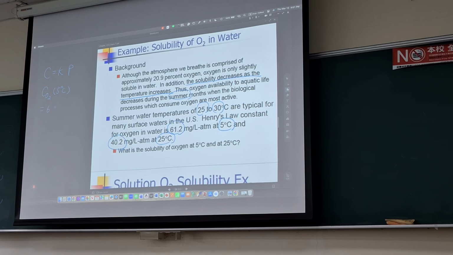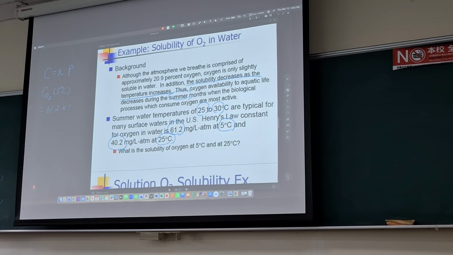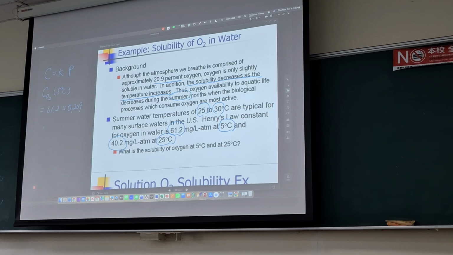So it's super easy. 61.2 times 20.9%, which is 0.209, is around 12.8 milligrams per liter.